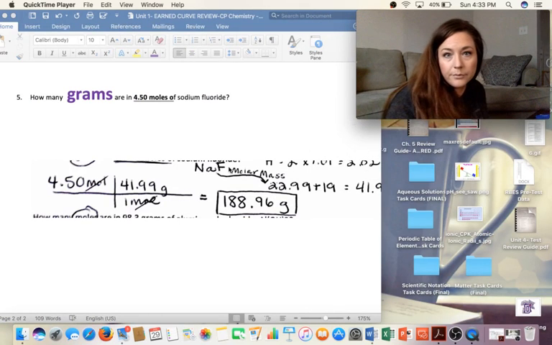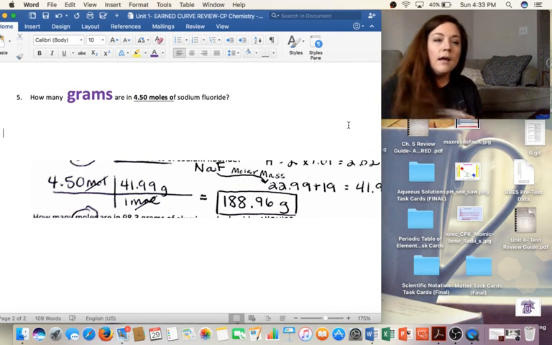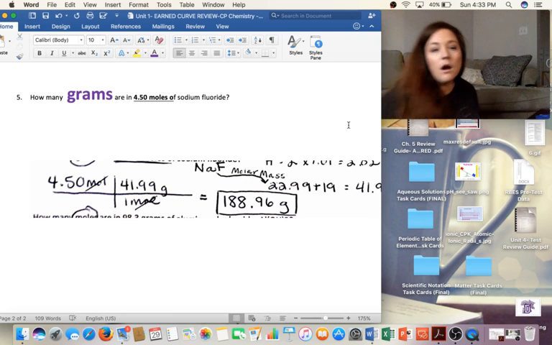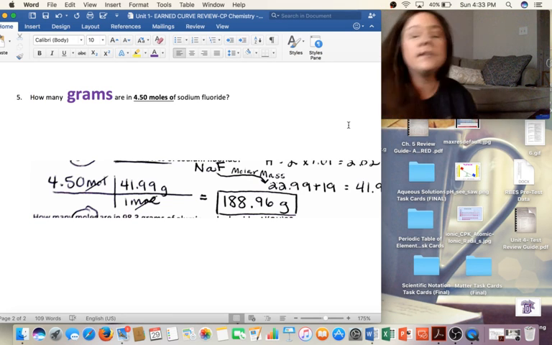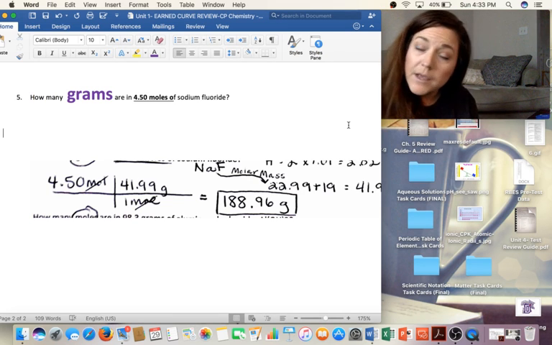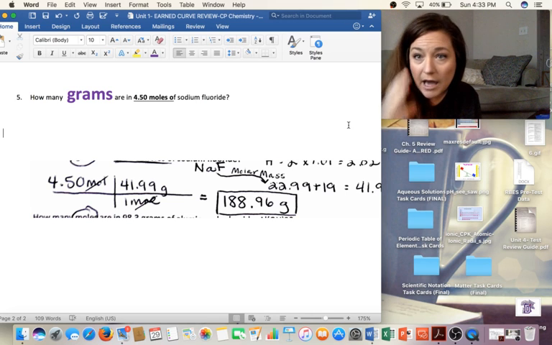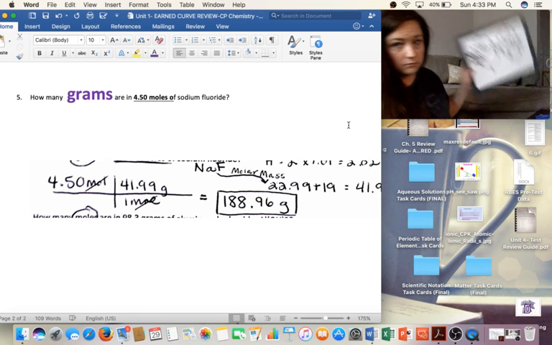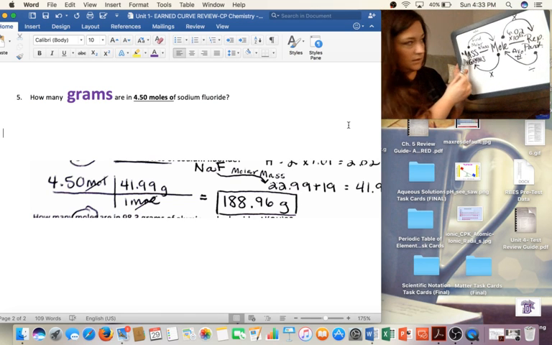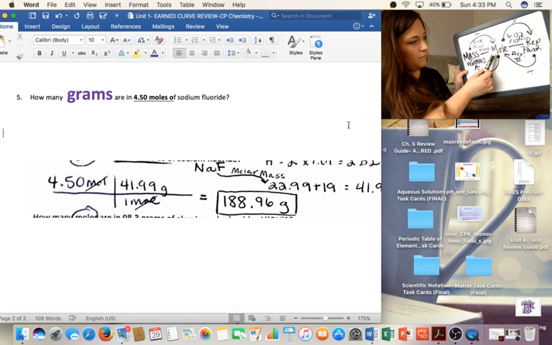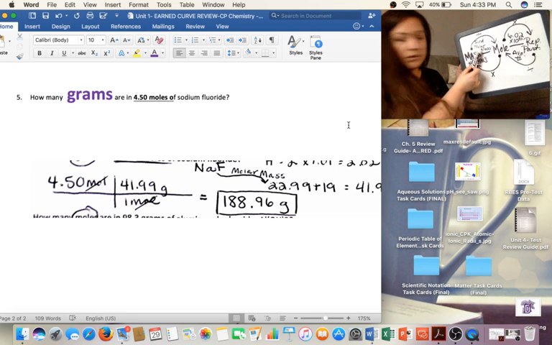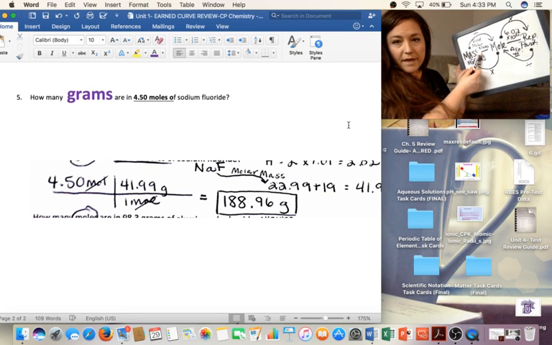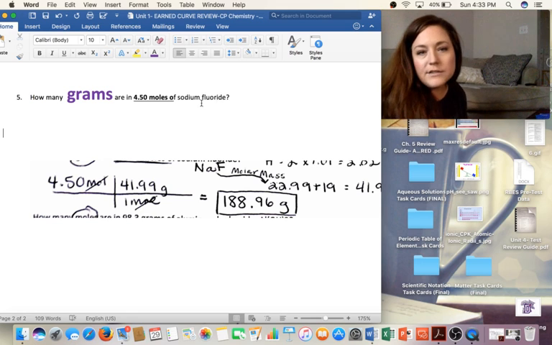So, how many grams are in 4.5 moles? They are telling me I have moles and I need to get to grams. Well, that would be this one, moles to grams. So I would need to find my molar mass. I see that it's sodium fluoride.